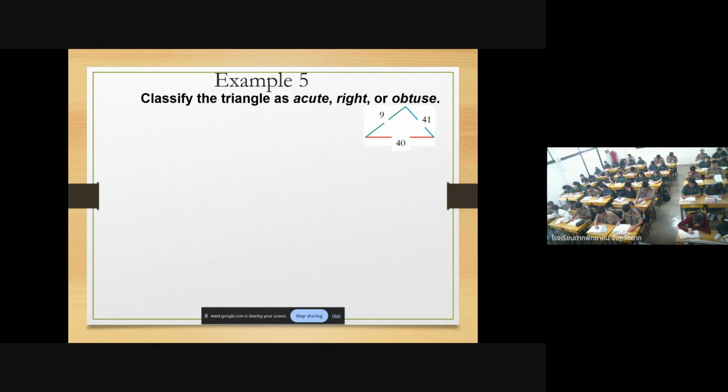What type of triangle is that? Is it right triangle? Is it obtuse? Or is it acute triangle?